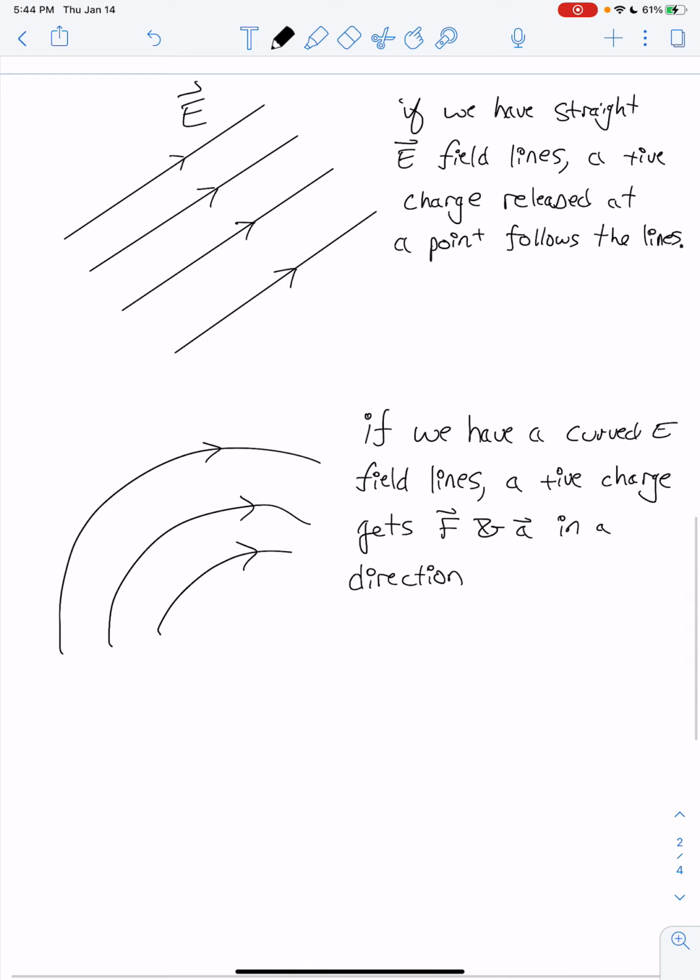Well, it'll be in a direction tangential to the line.